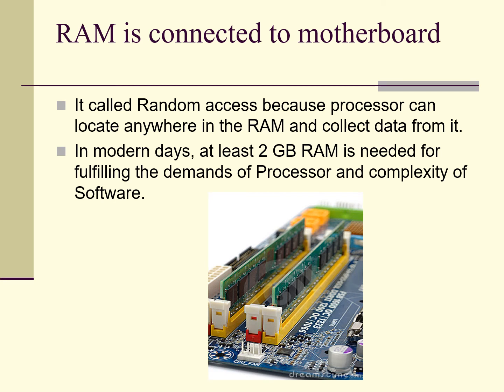RAM is connected to the motherboard. It is called random access because the processor can locate anywhere in the RAM and collect data from it. In modern days, at least 2 GB RAM is needed for fulfilling the demands of the processor and the complexity of software.